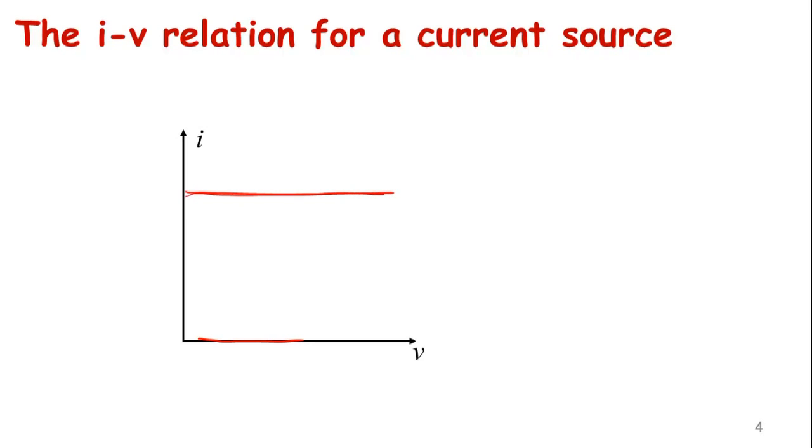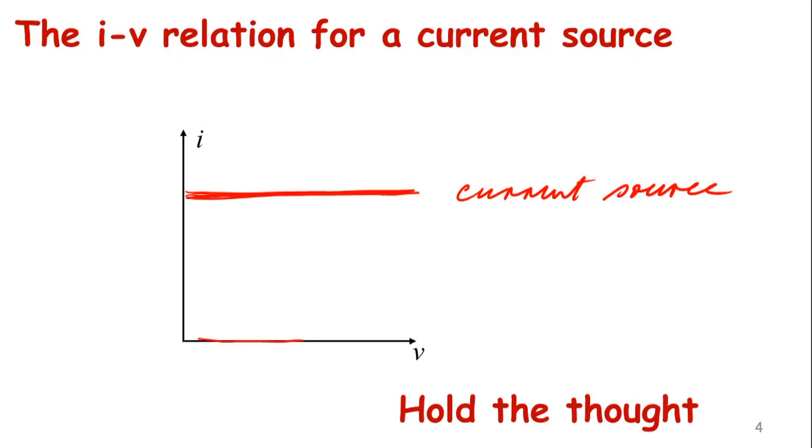Now, we'll use this fact and observe behavior of certain devices, and when you see the current versus voltage relationship looking like this, where the current looks like a flat line, then that is indicative of a current source. So I want you to hold that thought, and when I show you some flat lines, I want you to say, aha, current source. So just keep that thought, and we'll get to that in a few minutes.